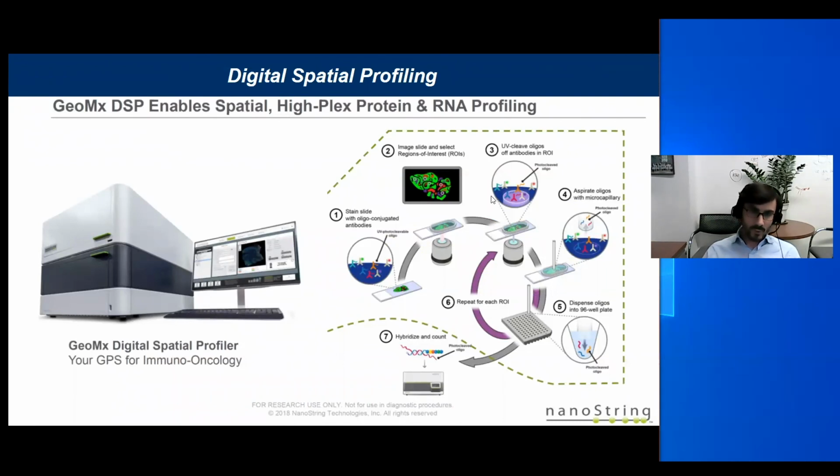What is interesting about this technology is that you can identify regions of interest based on staining with 3 or 4 antibodies and then look into the specific region of interest and check the protein or RNA expression using this machine.